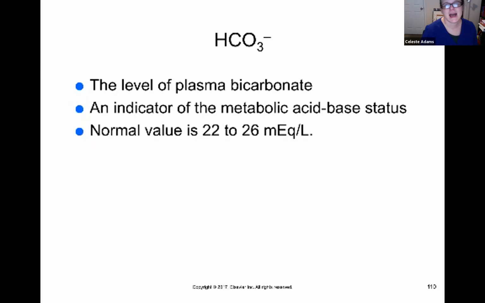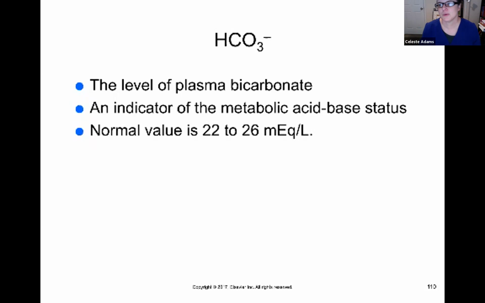You want to think metabolic when you think bicarbonate. So if the bicarbonate is high, something's going on with the metabolic system.